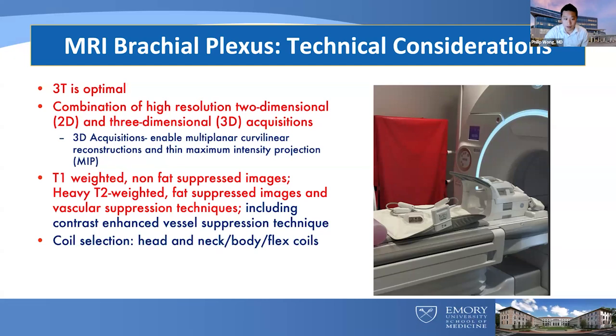And we use T1 weighted non-fat suppressed images and heavy T2 weighted fat suppressed images and vascular suppression techniques, which can include contrast enhanced vessel suppression techniques. And then coil selection: depending on what you have, you can use head and neck coils with flex coils, or some people use body coils. And here's an example of the head and neck coil with a flex coil on one of our magnets that we use.